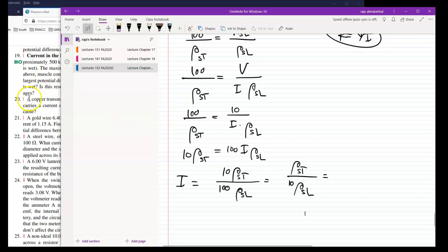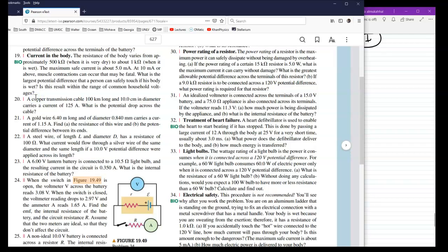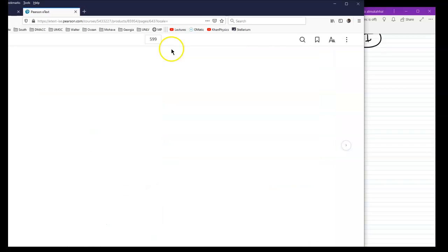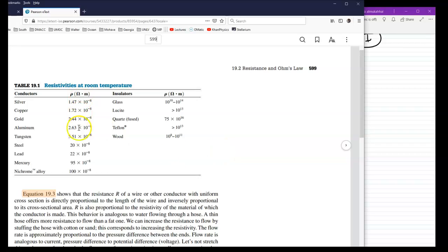Let's do it. So if I go back to the table, I forgot which page. Let me go back in my hard copy and find it. It's in the beginning of the book, page 599. So I'm going to go to 599. Right there.